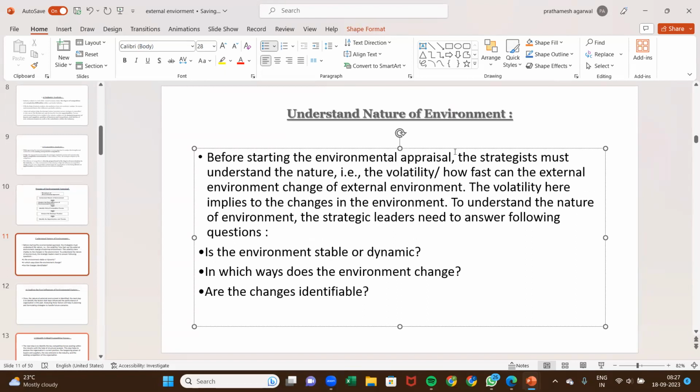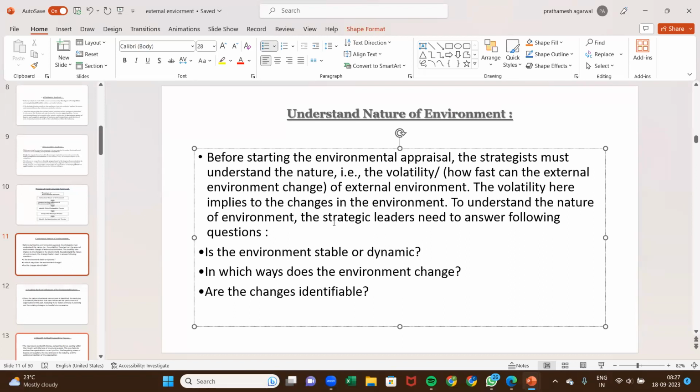All right. How fast can it change? The volatility of the external environment. I'll just put this into bracket so that you will understand the meaning. The volatility here implies changes in the environment.